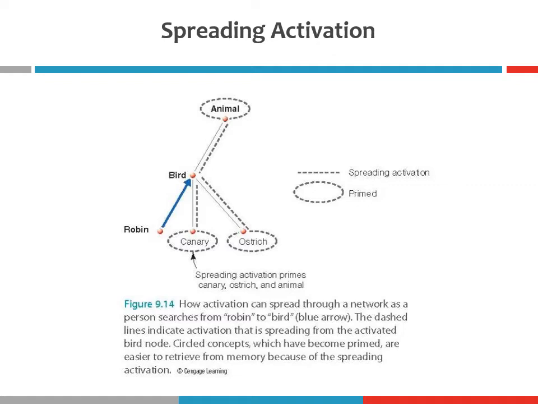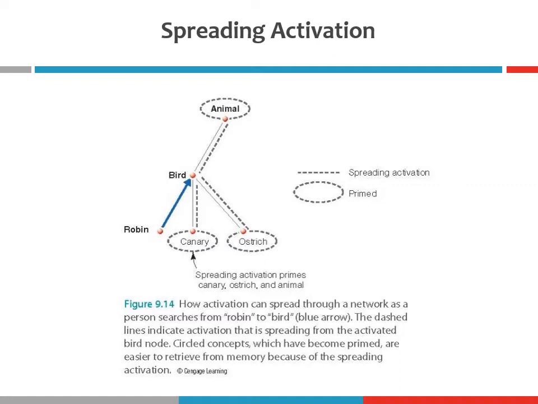So even though you're just thinking about robins, when you activate that node of bird, that activation is going to spread from robin to canary and ostrich. So activation is spread through the network.